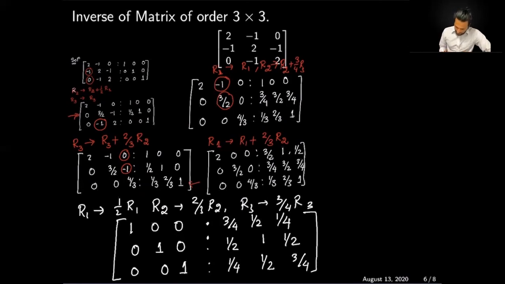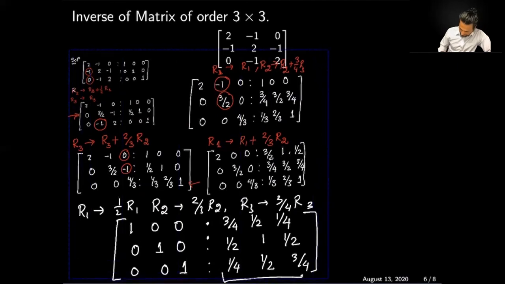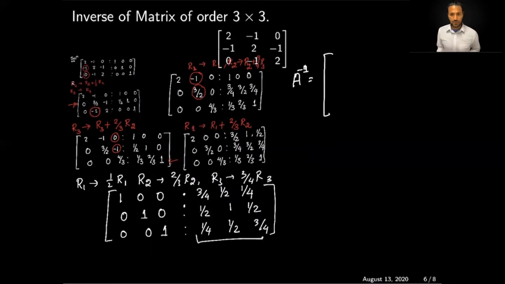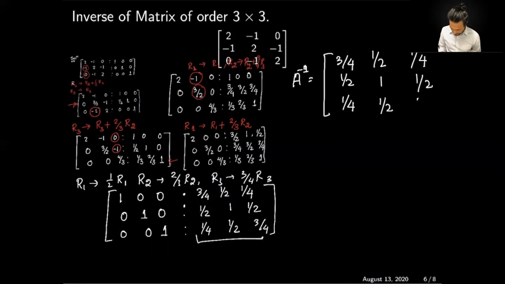Now the matrix on this side is our inverse, so we can write down what the inverse is. So our A inverse is, therefore, 3/4, 1/2, 1/4, 1/2, 1, 1/2, 1/4, 1/2, 3/4.